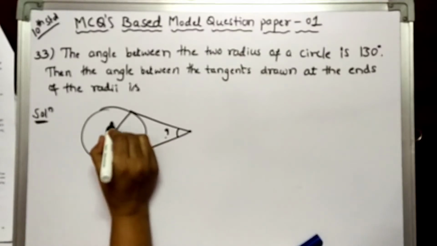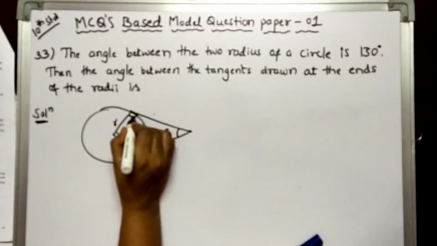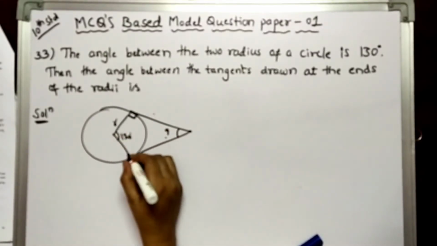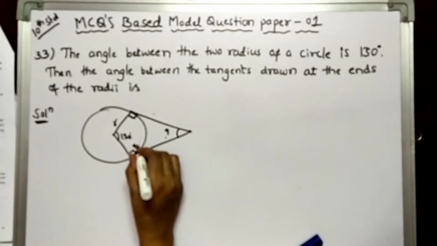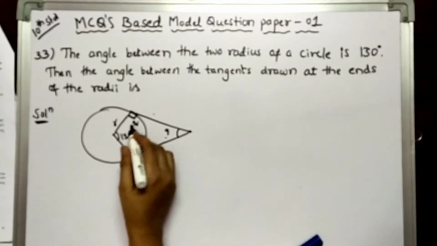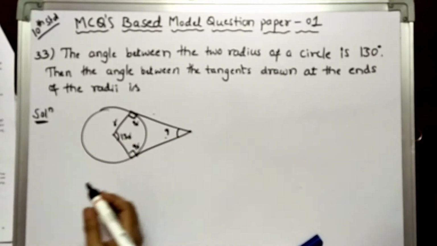Already we know that the angle between a radius and a tangent is 90 degrees. There is a right angle between radius and tangent. Here also 90 degrees. So these two right angles sum to 180 degrees.